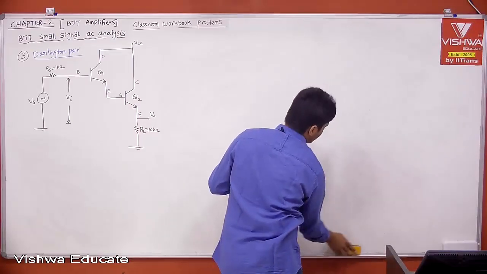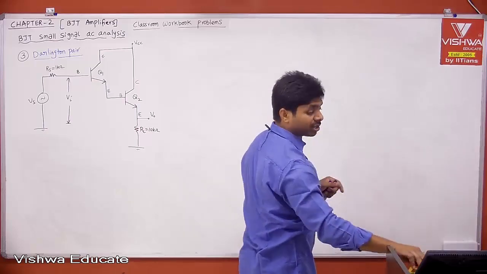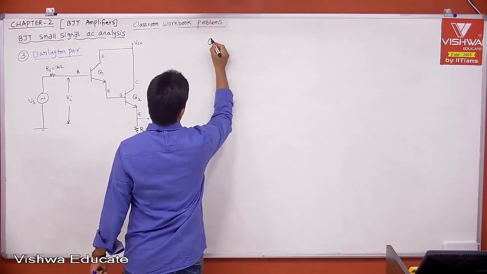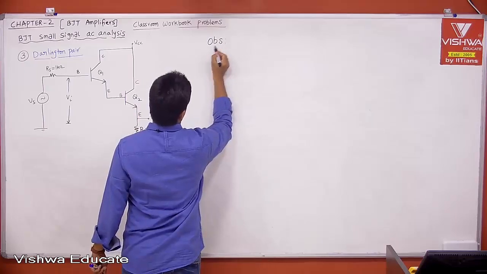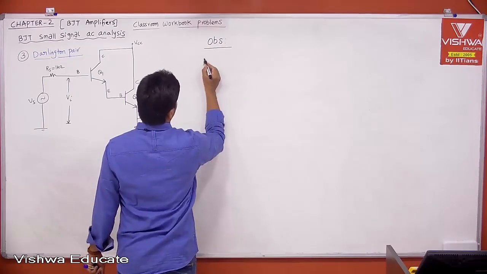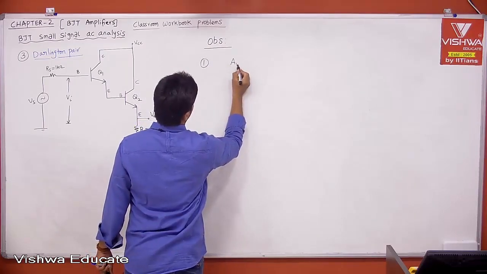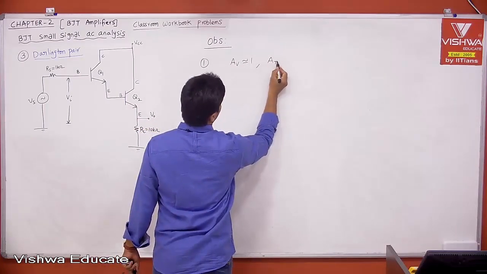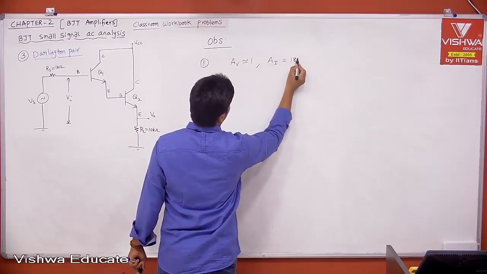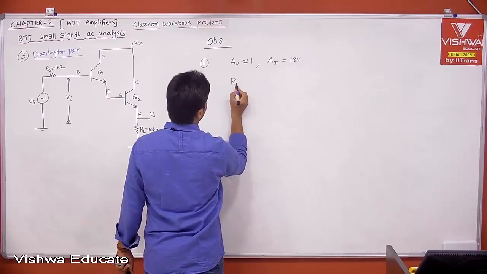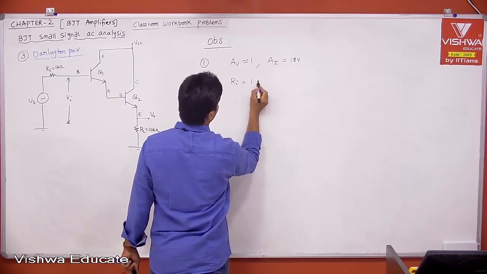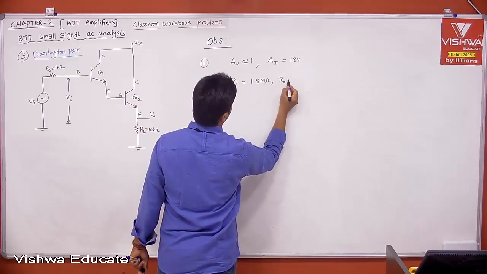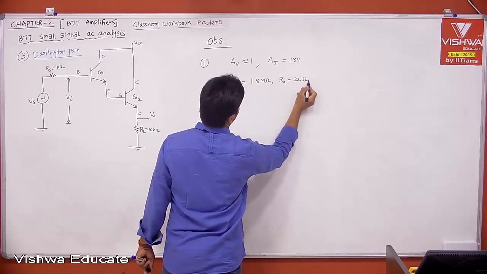Your input impedance is improved significantly, and output impedance also. If you see the observations, tell me what voltage gain we got: close to 1, right? And what current gain we got: close to 184, right? And what input impedance we got: Ri we got 1.8 mega ohm. And what is R0? We got R0 20 ohm, right?